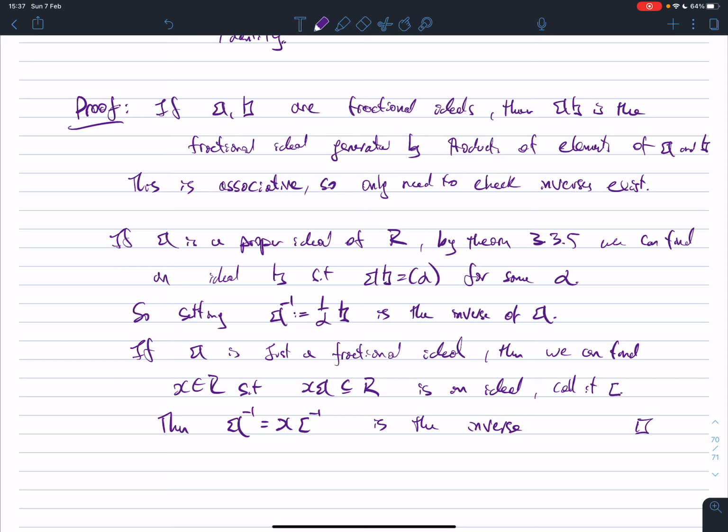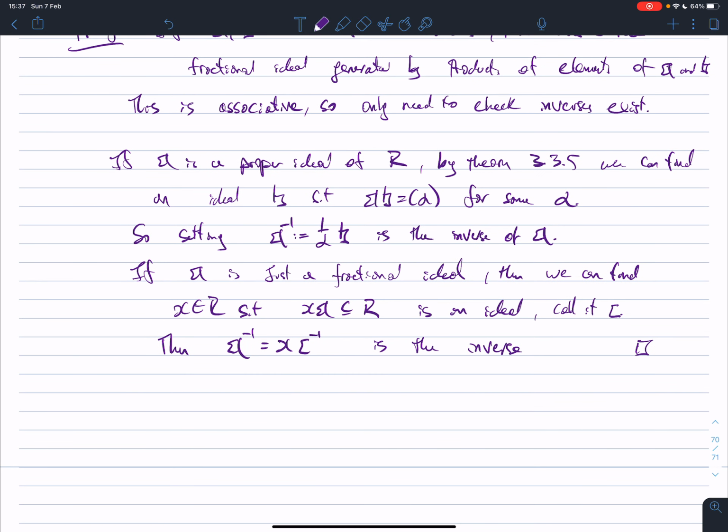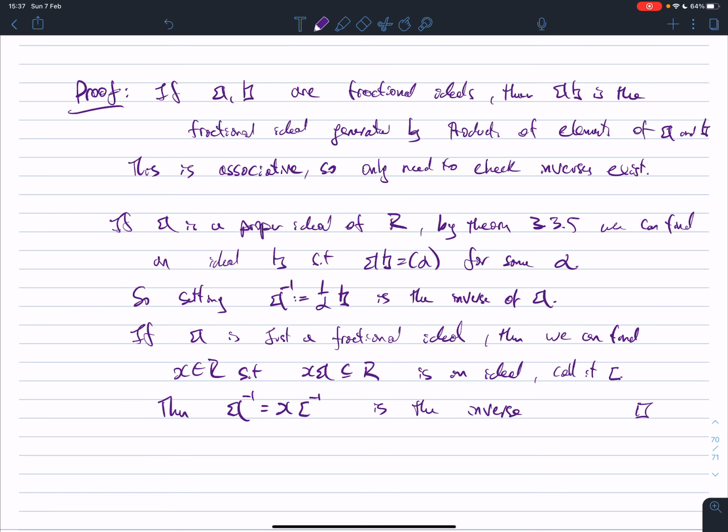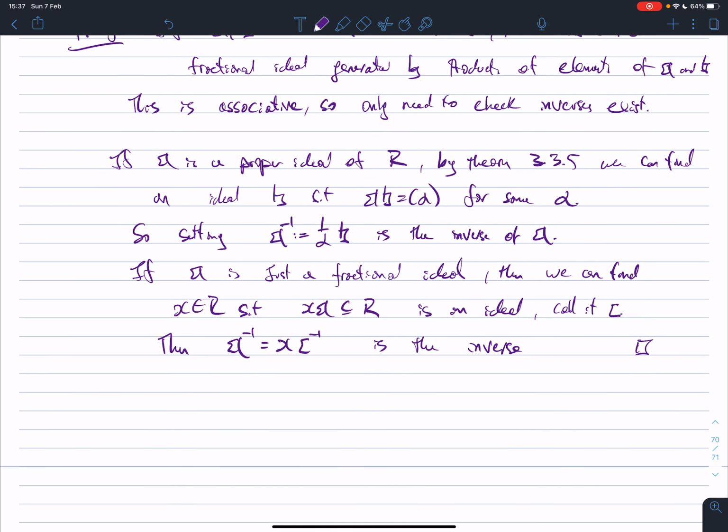So I have a group now of fractional ideals. Let me just highlight what the inverses look like. So here's a remark in this group.